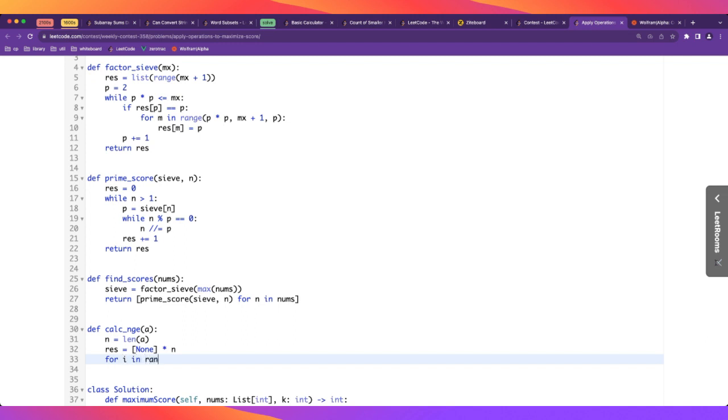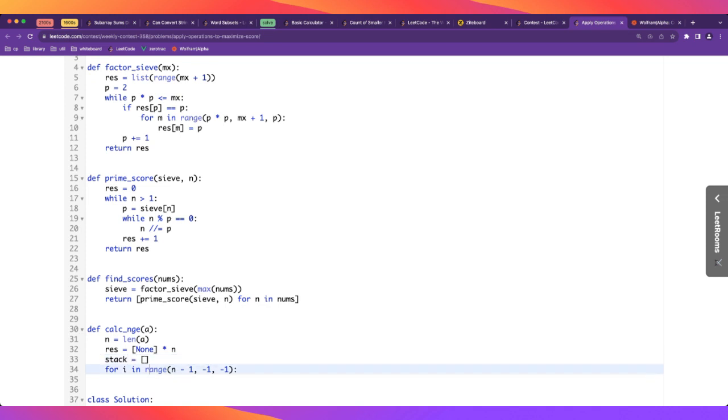And so we go from right to left, and like I said, we're going to keep a stack, and the stack is going to be strictly increasing.